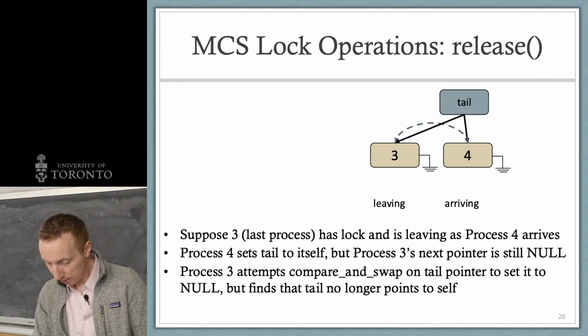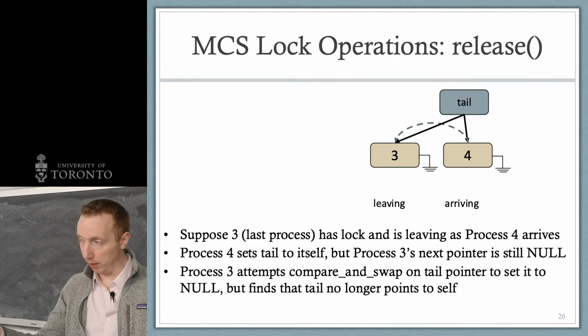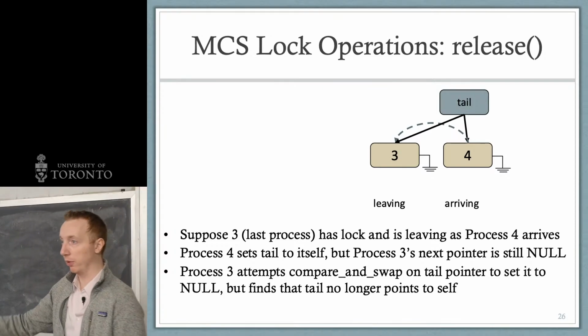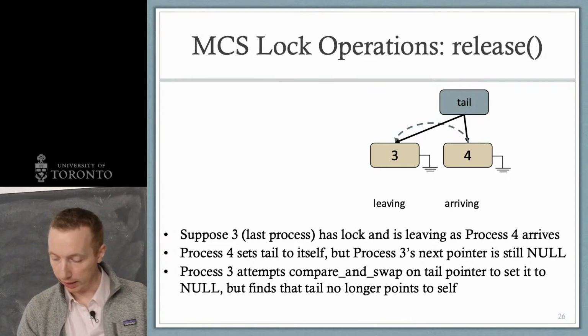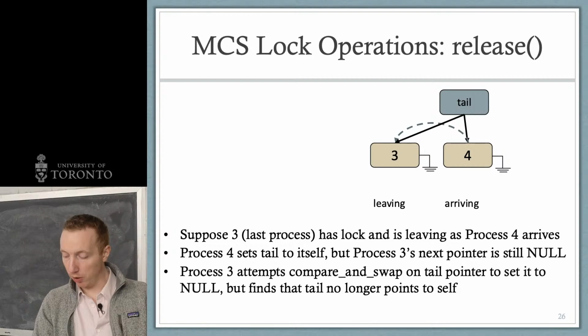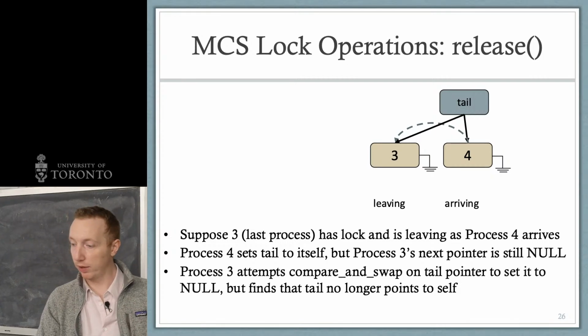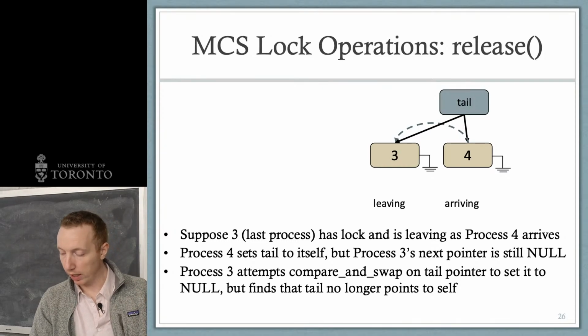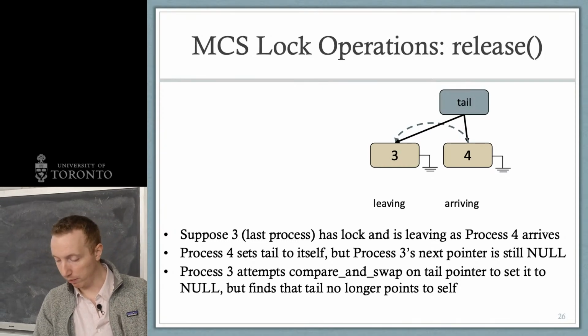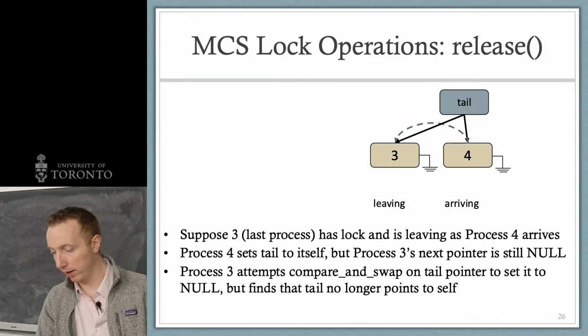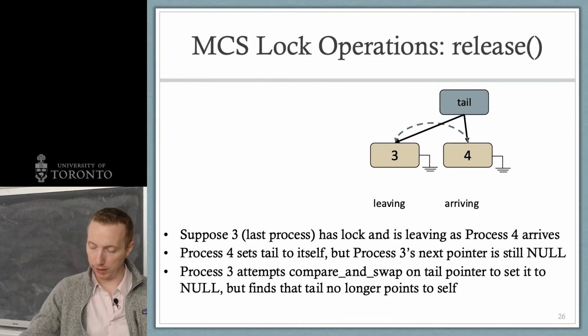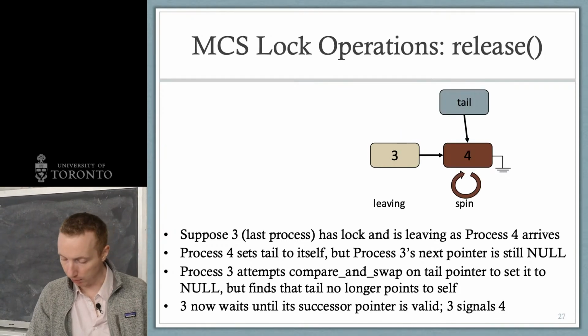Or rather, it is not pointing to myself. It is pointing to some other node now. So I can detect that and say, oh, okay, it's no longer pointing to me. So instead of setting the tail to null, I should wait for my next to get set, and when my next gets set, I can go ahead and unlock thread 4's lock.